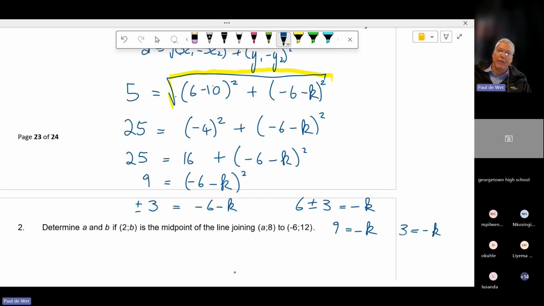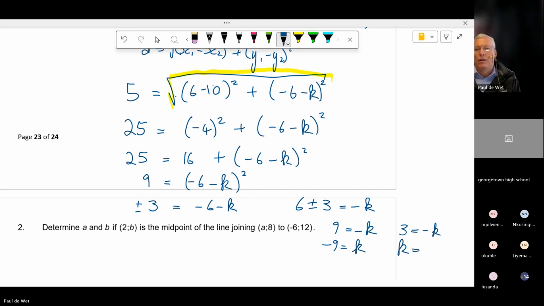And this is a much quicker way of doing it. You'd get the same answers if you multiplied it out. So what should I do to both sides now to get k? I'm just going to divide by minus 1. And there are my 2 answers.